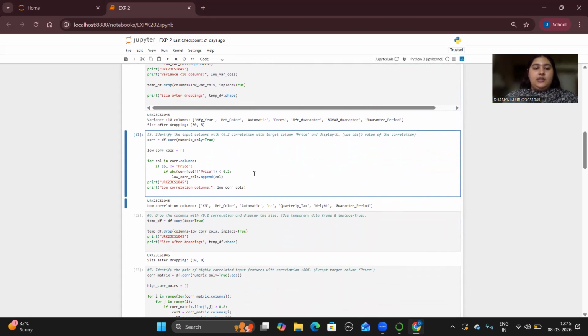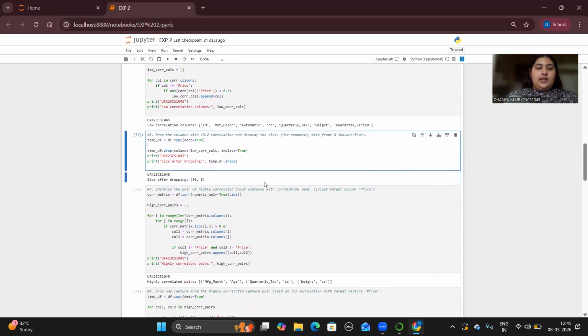Here, the correlation between each input feature and the target variable price is calculated. Features with absolute correlation less than 0.2 are considered weakly related to the target. These features are identified because they have little influence on predicting the price.